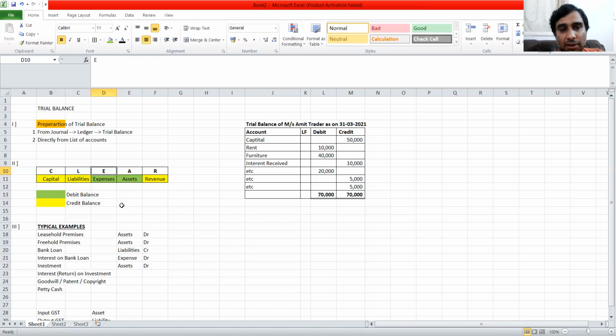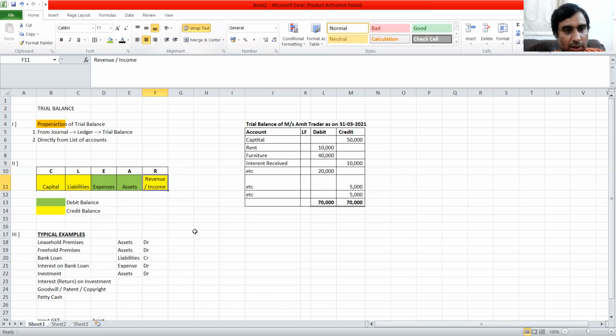What word we are using is revenue. So we can write down revenue slash income. You must know that these two terms are interchangeable. Revenue and income mean the same thing. From an accounting point of view, they are exactly the same. So interest on investment is revenue. Revenue means credit balance.